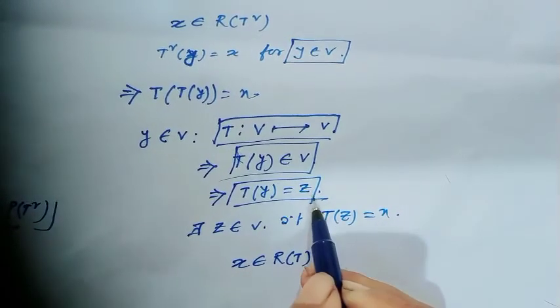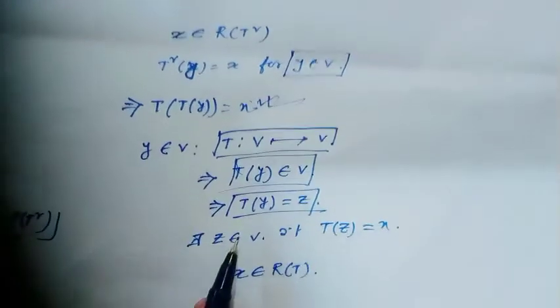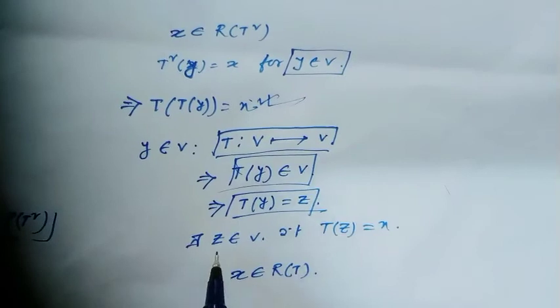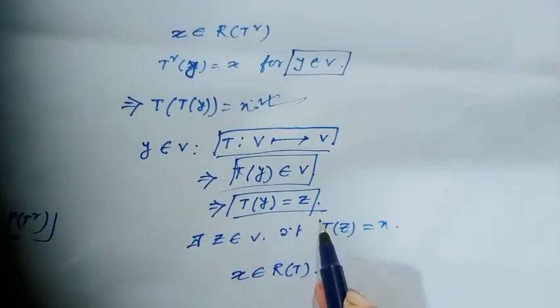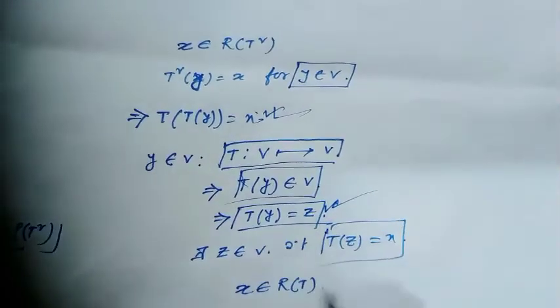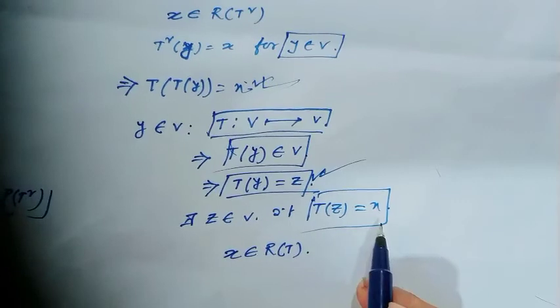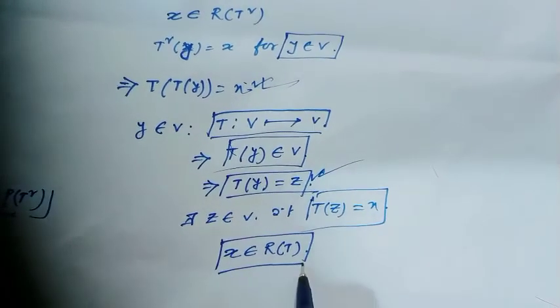Now, since T of y equals z, there exists z belonging to the vector space V such that Tz equals x, and Tz equals x means x belongs to the range space of T.